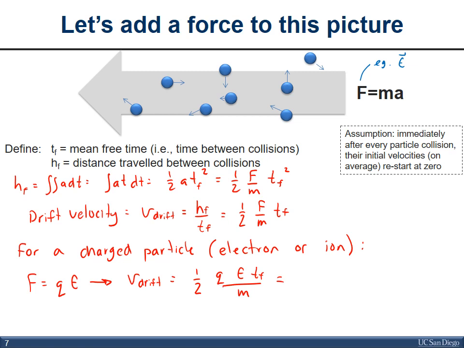Part of this formula should look fairly familiar to you, particularly if you've studied semiconductor physics, particularly these parameters here. Now think about this before I draw the next symbol. What is this parameter? Well, it turns out it's mobility.